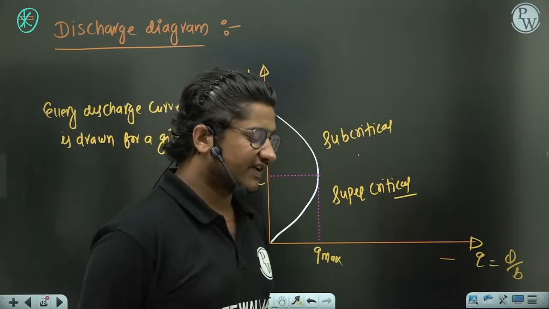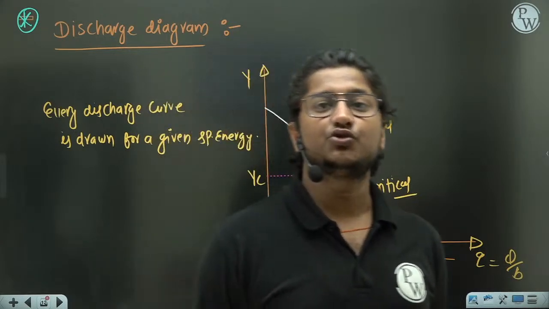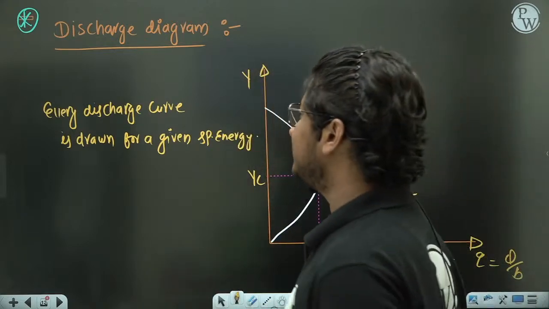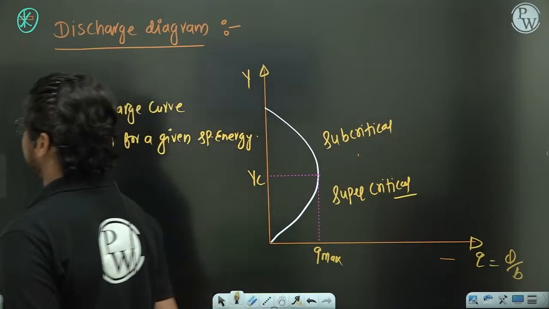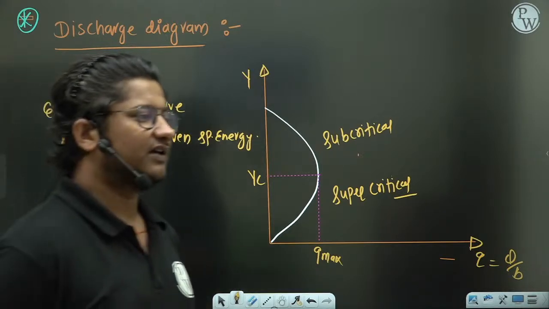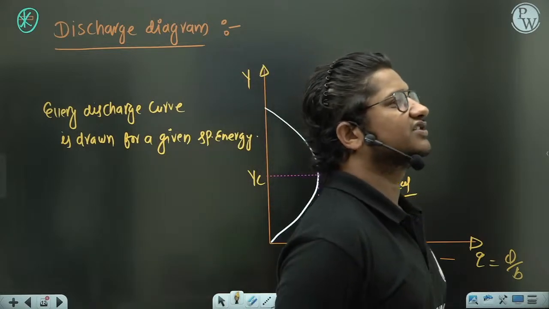So whenever high losses are there, we need to use the momentum equation. Here also we have situations like hydraulic jump, surge and all.